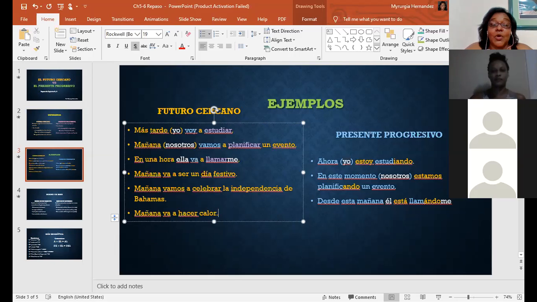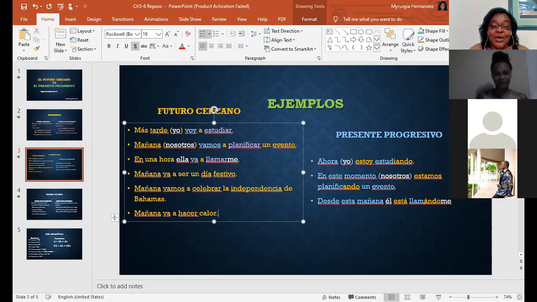Okay. Now I'm going to go over it again because the room sounds so quiet, it's like, what is she talking about today? She is talking about the near future, which is an activity that you are going to do. And this activity requires that you use the verb ir más a más infinitivo.